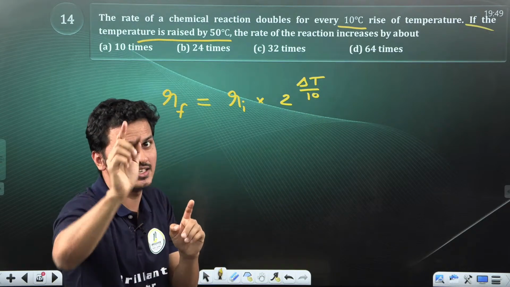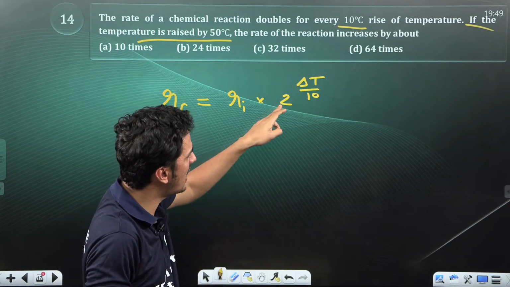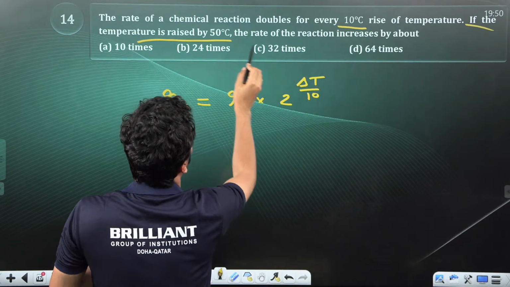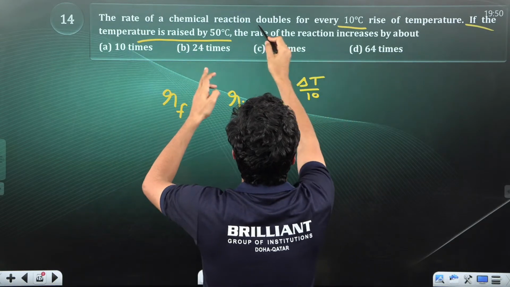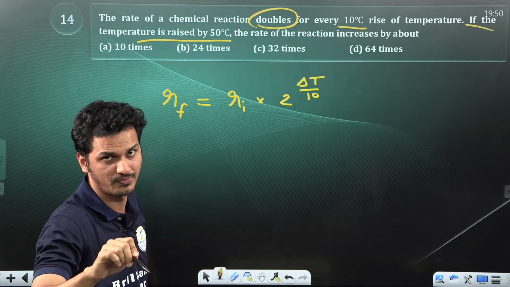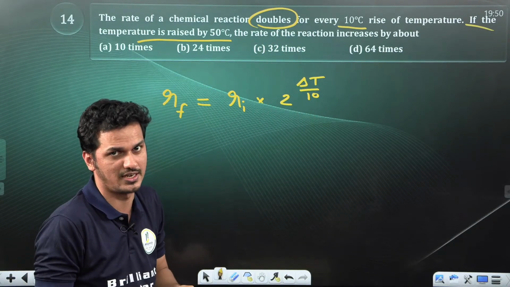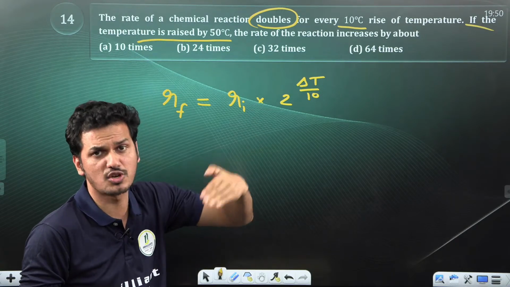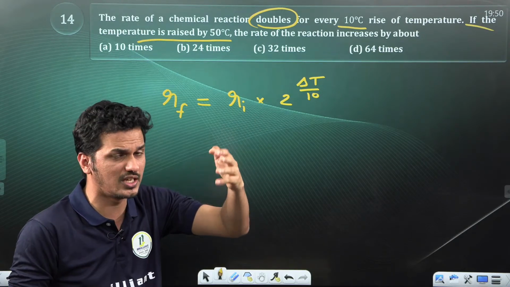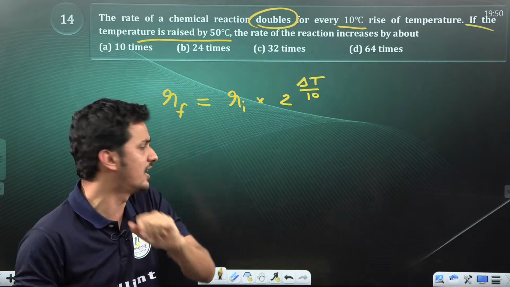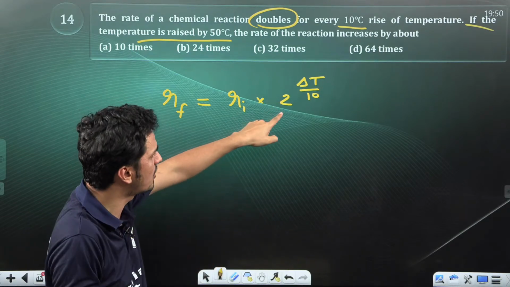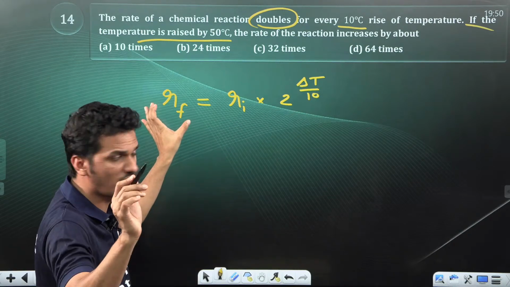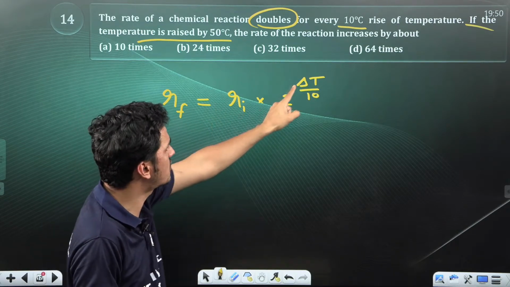Here I am taking 2 because they are telling that the rate doubles, which is actually the temperature coefficient, the ratio between the rate constants that differ by 10 degrees Celsius, that is 2. If it is 3 times, you have to take 3 raised to delta T by 10. So rate final equals rate initial into 2 raised to delta T by 10.